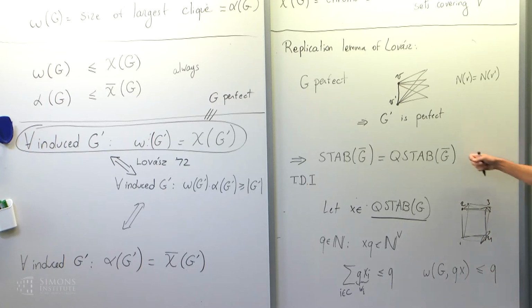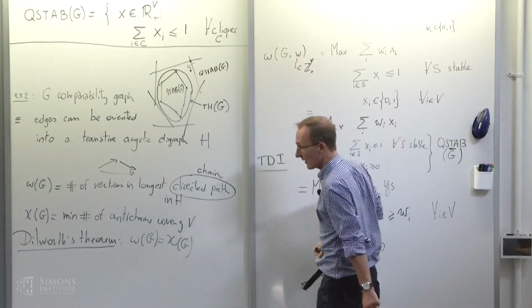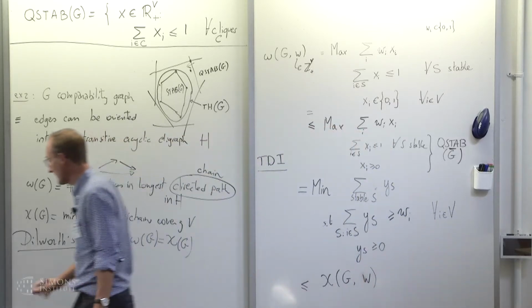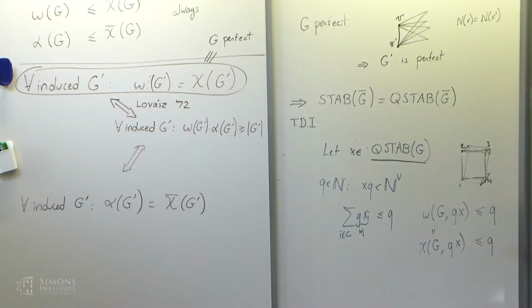But I just derived this. So omega of G for a vector W is equal to chi of G, qx, and this is at most q. What does that mean? It means that the weighted chromatic number of G for these weights is at most q.